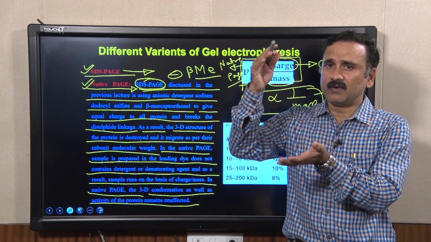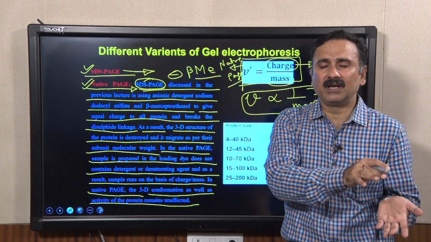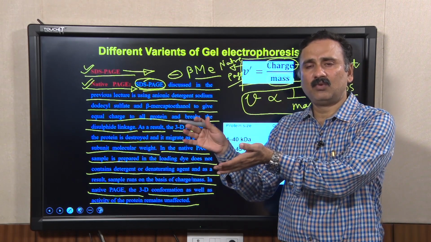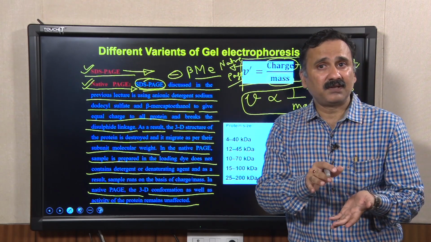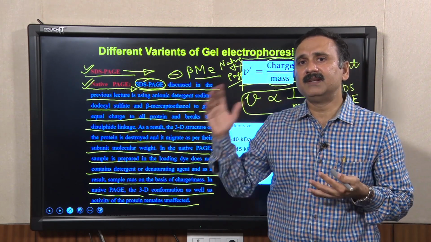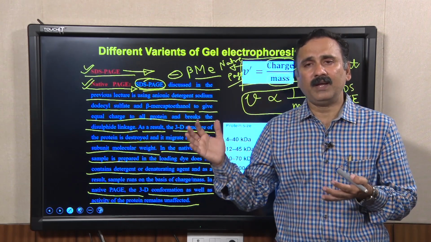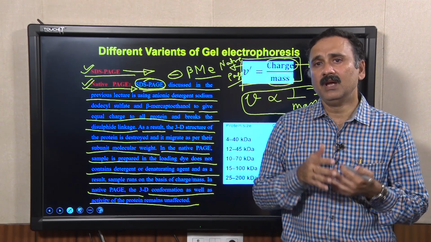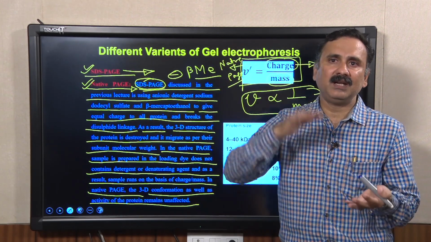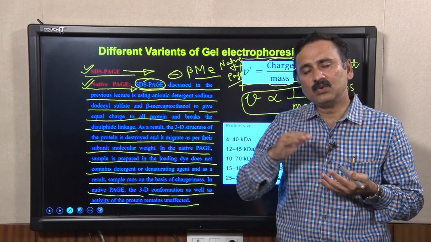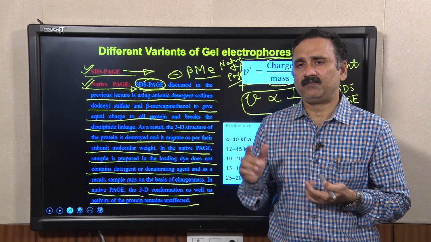The electrophoretic mobility in the SDS PAGE is going to be as per the molecular weight, whereas the electrophoretic mobility in the native PAGE is going to be as per the charge by mass ratio, because if the protein is dimeric, the mass is going to correspond to the dimer, whereas in the SDS PAGE it is going to be monomeric. So, the combination of the SDS PAGE and the native PAGE is going to give you the answer about the oligomeric status of the protein, number 1.